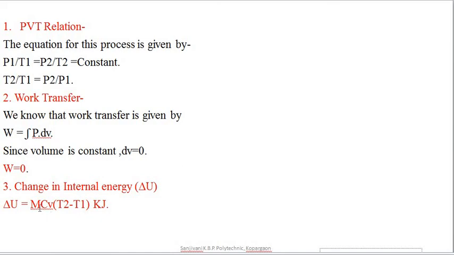Here m stands for the total mass of the gas, Cv stands for the specific heat of the gas at constant volume, and this is the temperature difference from the initial state to the final state. So this equation we are going to use for all the gas processes to find the internal energy change.